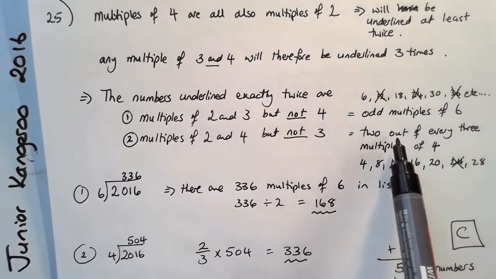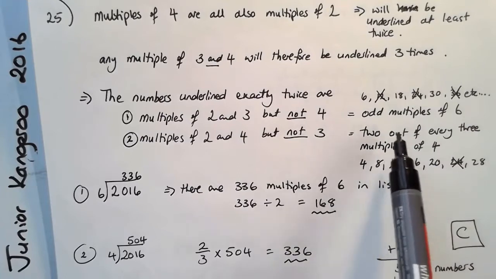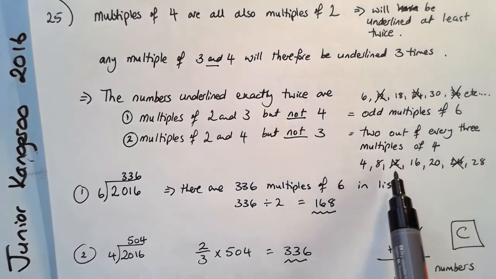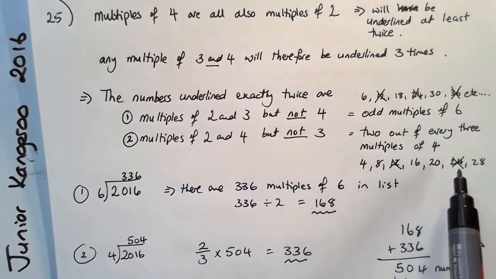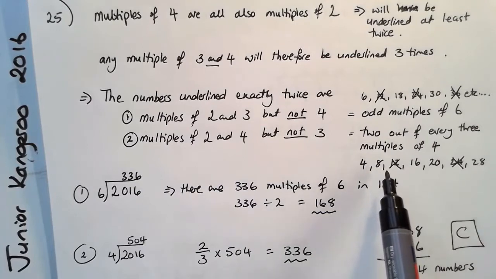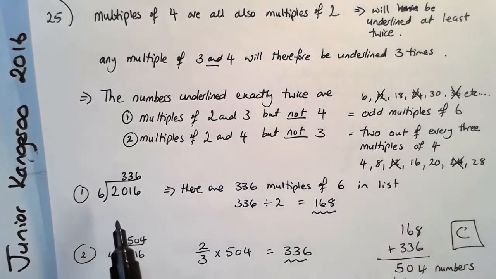So therefore 2 out of every 3 multiples of 4, looking at these multiples of 2 and 4: 4, 8, 12, 16, 20, 24. We can have 4 and 8, these will have 2 lines underneath them, and 16 and 20, but not 12 or 24.